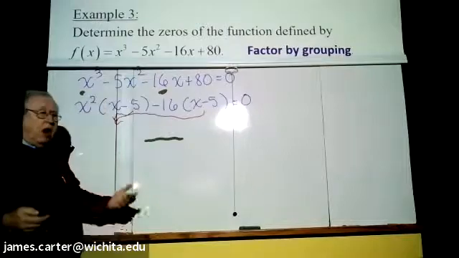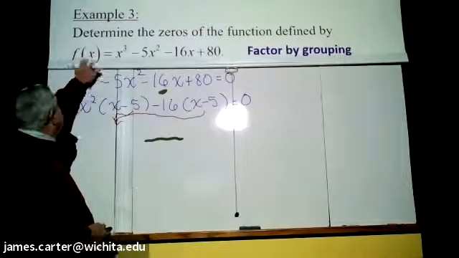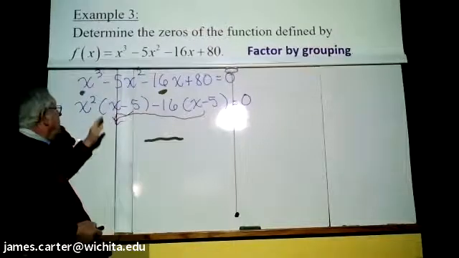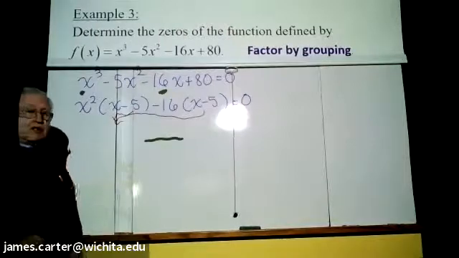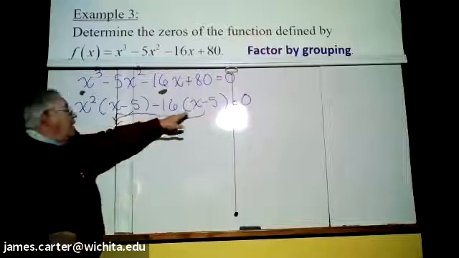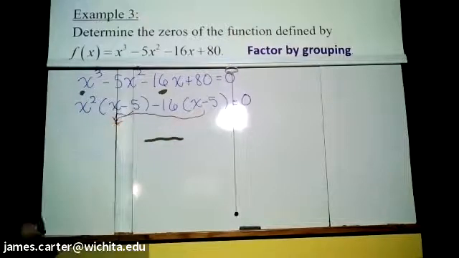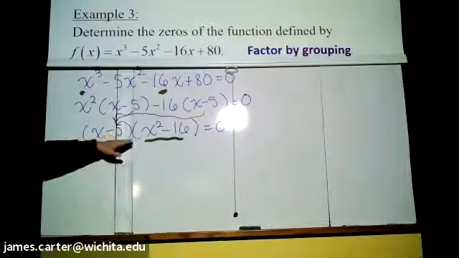If y equals 0, if f of x equals 0, then the values produced will be on the x-axis. We factor out the x minus 5 here and here. That's the grouping process, and it gives us these two terms.